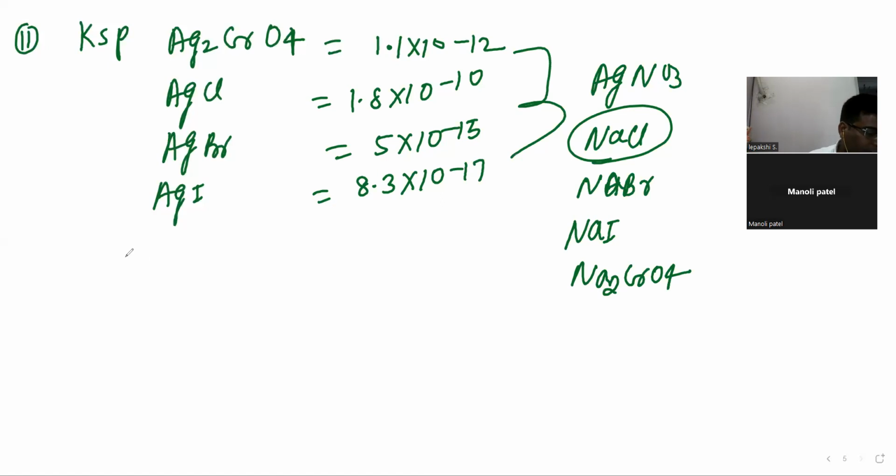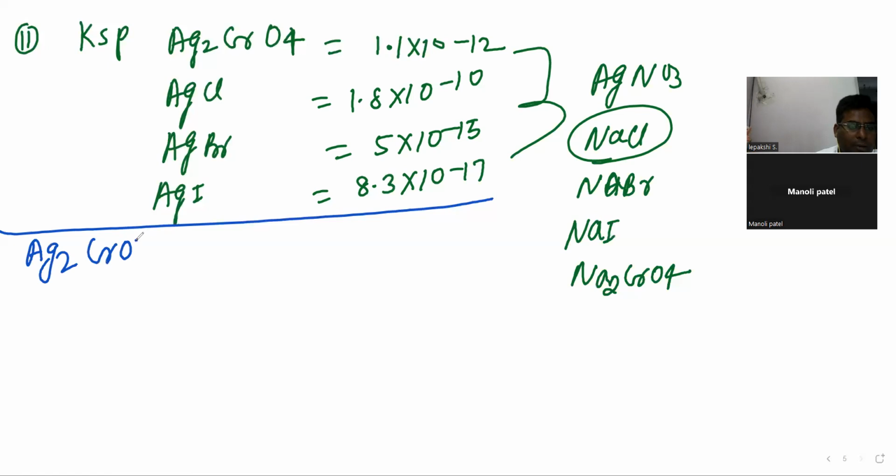From the solubility product, we find the solubility of the given salt. The one with the highest solubility will be the last to precipitate, so whichever has the larger S value will precipitate last. Let's see one by one. The first compound is Ag2CrO4. When it dissociates, it forms 2Ag+ and CrO4 2-.